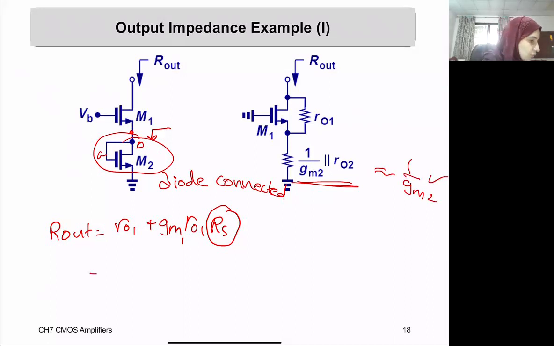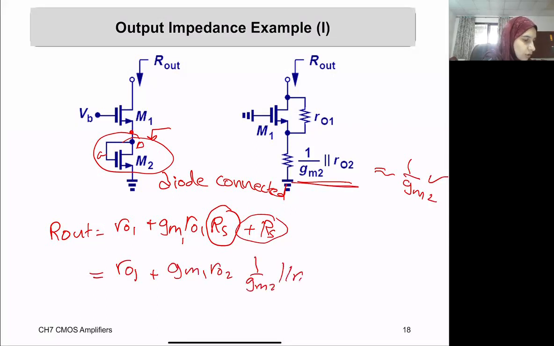So the gain is going to be, you know that it was plus Rs, but you can ignore this part if you want. So it will be R out 1 plus Gm1 R out 1 times Rs. What is Rs here? 1 over Gm2 in parallel with R out 2. Okay. Any question on this?